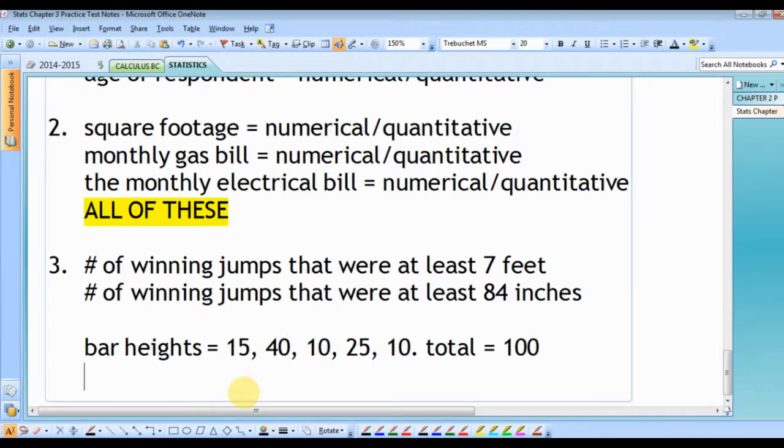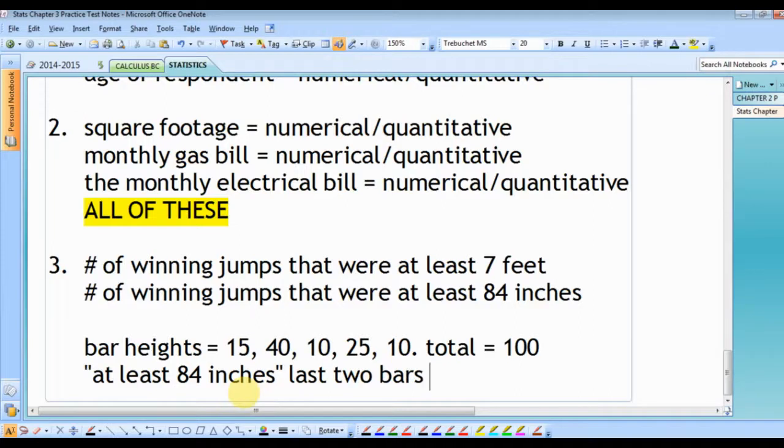Okay. How many of those winning jumps were at least 84 inches? How many of them? At least 84 inches. Those are the last two bars, right? At least 84 inches. They're talking about the last two bars. So you add up the last two bars?